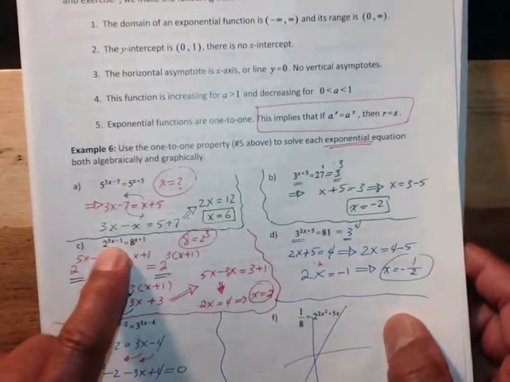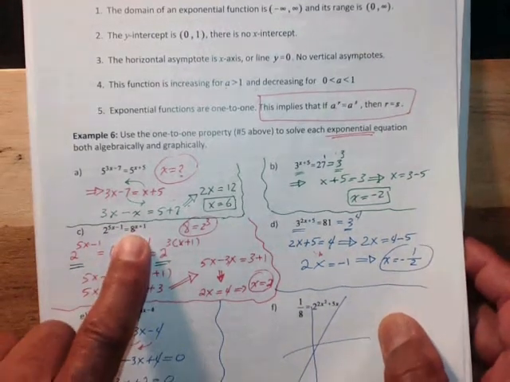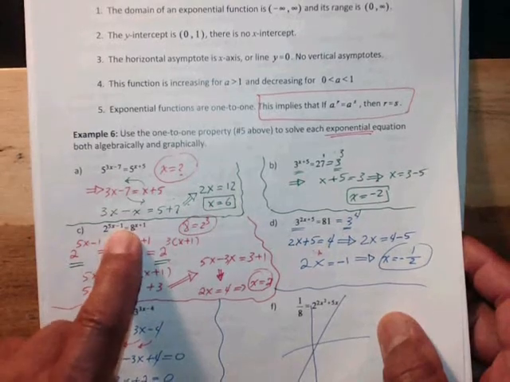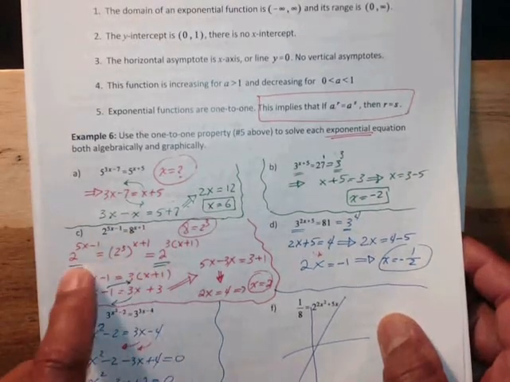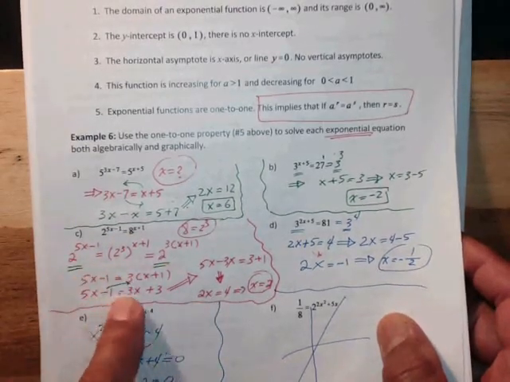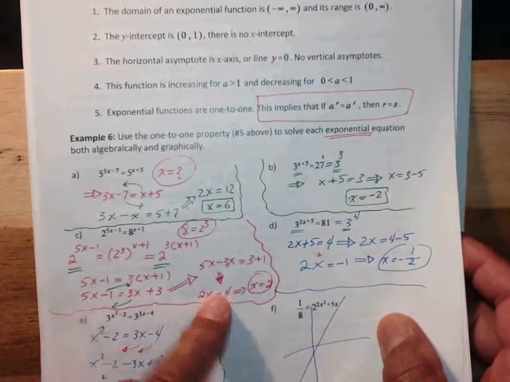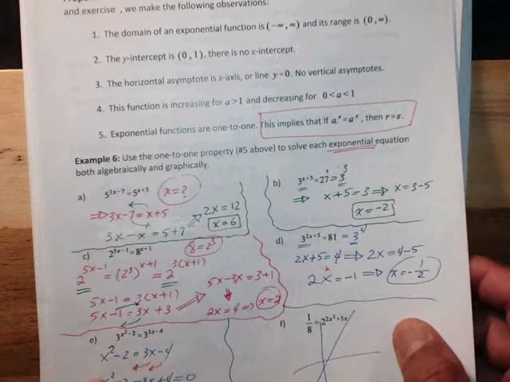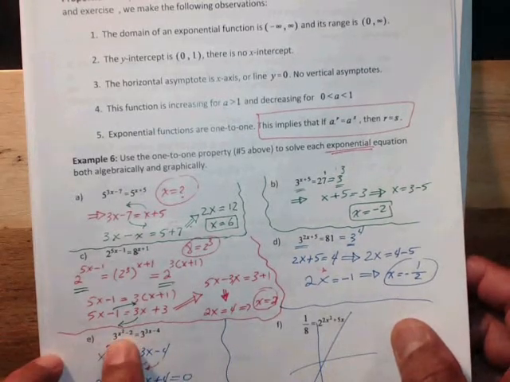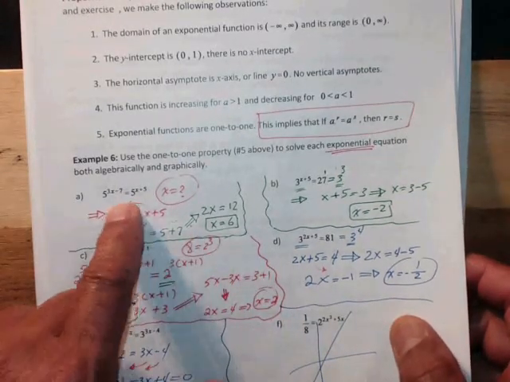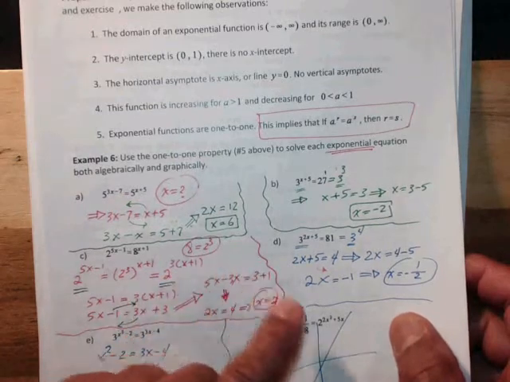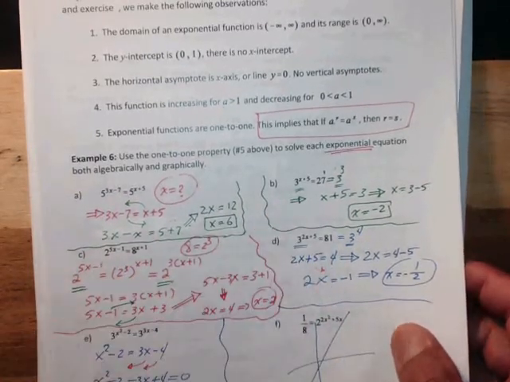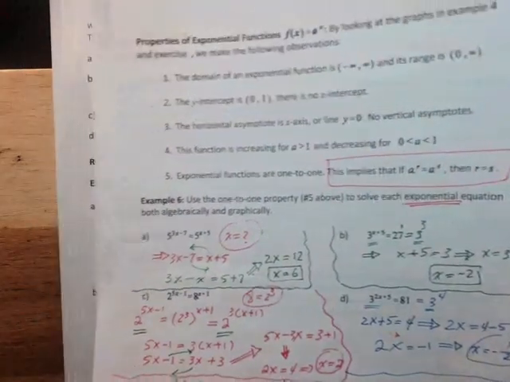Like here, 8, I wrote as 2 to the power 3, so I rewrote this equation with the same base, and then I set the exponents equal and solved for x. So that's the idea. This is a simple situation when the bases either are equal, or they can be converted to equal bases, like these three examples.